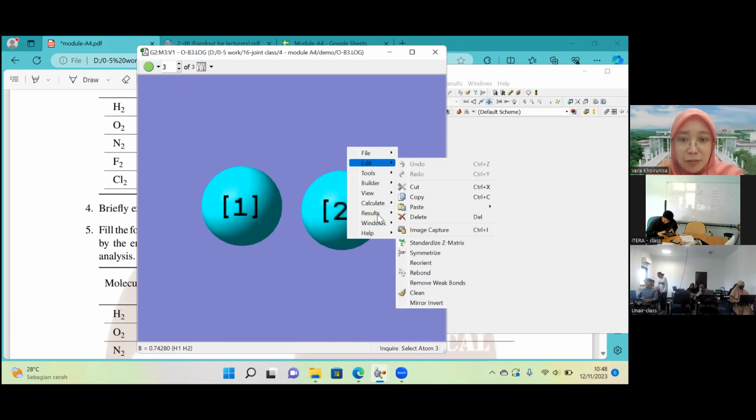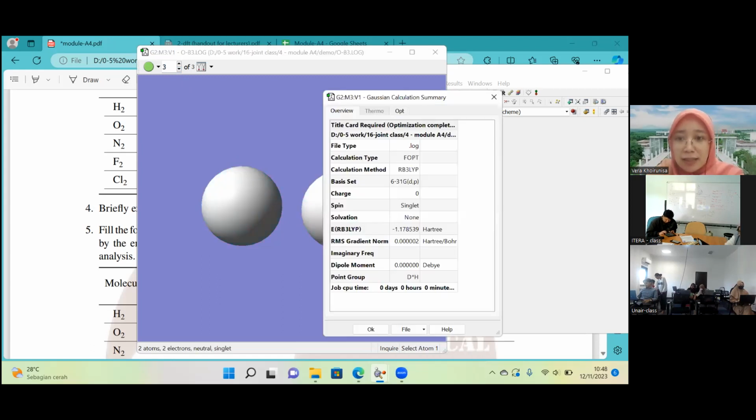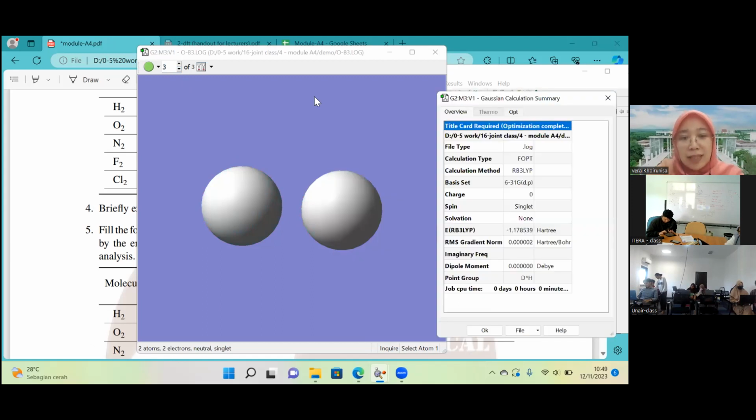Okay. And there is information in the result summary that this calculation is complete. If we choose the wrong step, there will be no information that our optimization is complete. So make sure that we choose the latest step. Okay?